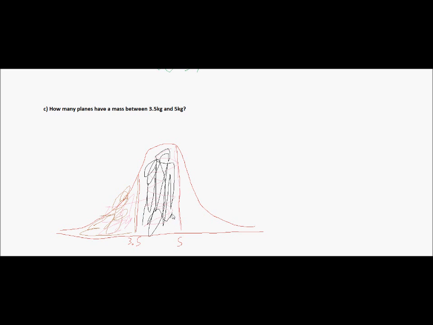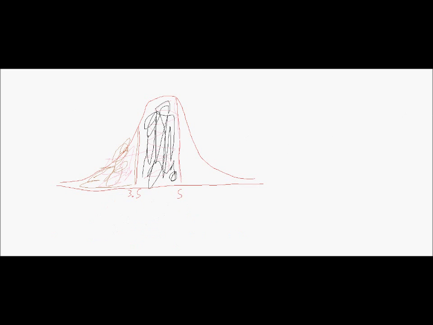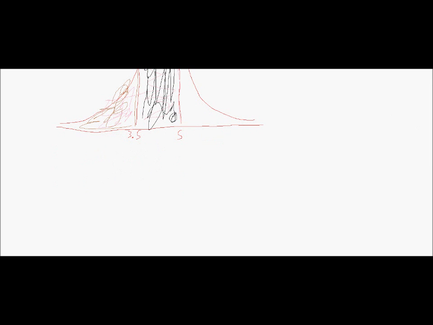Algebraically, this would look like P of x less than 5, subtract the P of x less than 3.5, equals the probability that x is greater than 3.5 and less than 5.